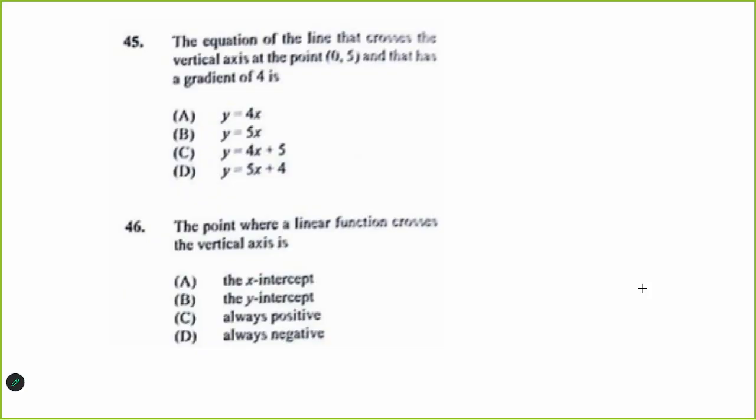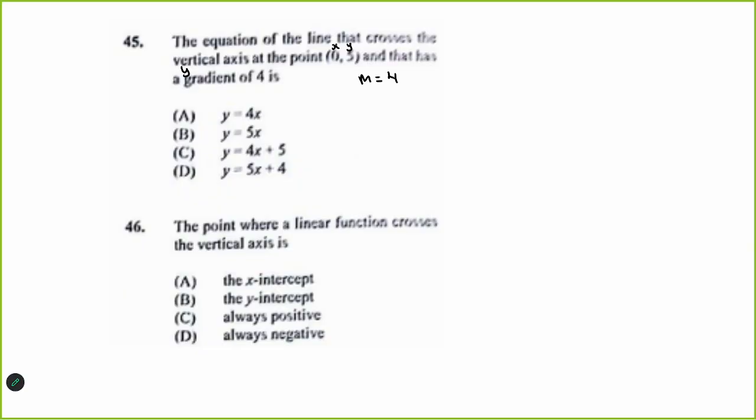So the first question, number 45, says, the equation of the line that crosses the vertical axis at the point 0,5 and that has a gradient of 4. So they're telling me my gradient is 4, and if it intersects my vertical axis, also known as my y-axis, this means x is 0, y is 5.